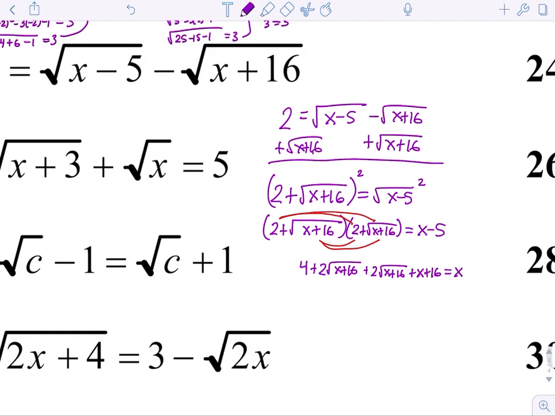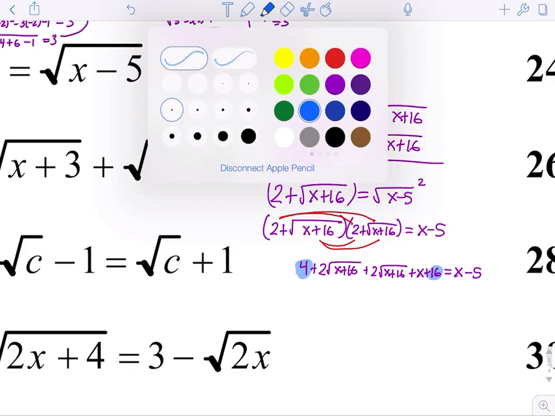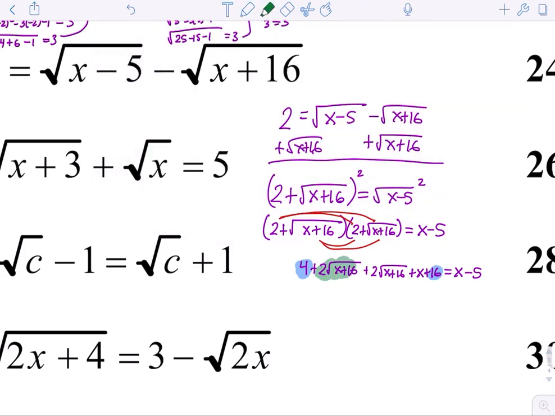All that's equal to x minus 5. Let's combine like terms. So 4 and the 16 combine, and we've got a lone x. So we really have x plus 20 plus 4 square root x plus 16, all equal to x minus 5.